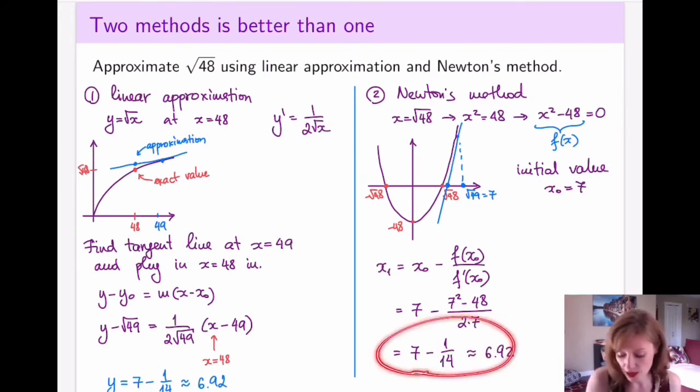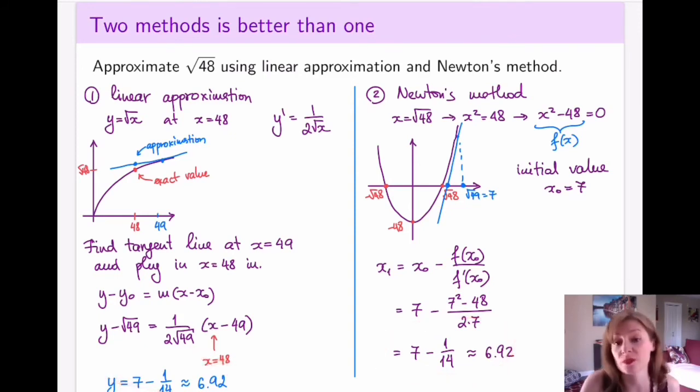So notice that my last line of calculations in both of these methods is actually identical. Okay, so yes, they've ended up with the exact same approximation, but for linear approximation, you're done. There's no way to proceed. Linear approximation will only be able to produce one value, and that's it.